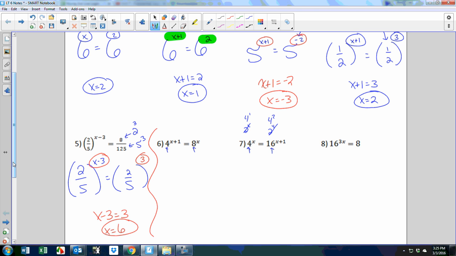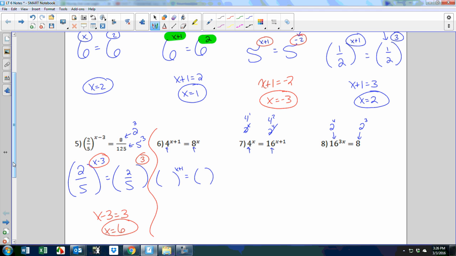So you have options of writing number 7 using the same base. You have the option of base 2 or the option of base 4. In number 8, 16 is 4 squared, but I can't write 8 as 4 to the anything, really, without involving a fraction. So I'm going to use base 2, 2 to the 4th, 2 to the 3rd.